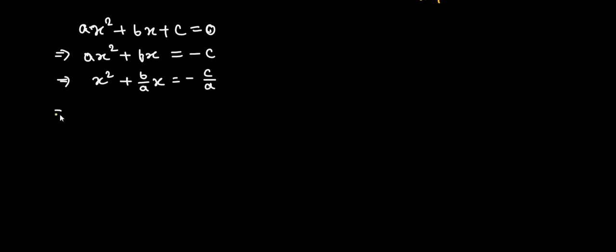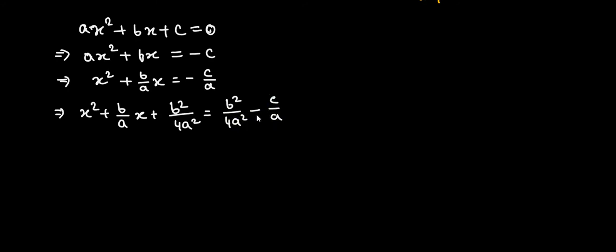Now adding b square upon 4a square to both sides, x square plus b by a x plus b square upon 4a square, and on this side we need to add b square upon 4a square minus c upon a.